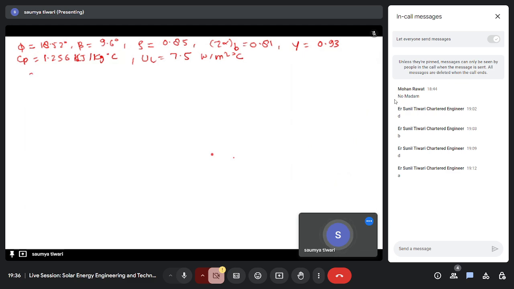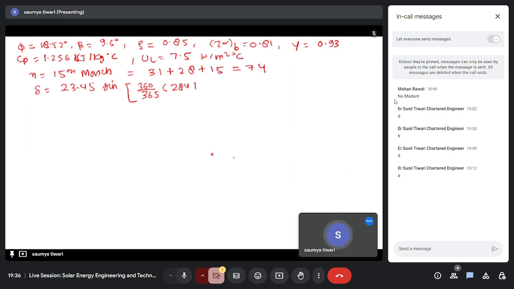The date is given as 15th of March. So n value will be 31 plus 28 plus 15, which comes to 74. For n equal to 74, you can calculate the declination angle: 23.45 sine of 360 by 365 into 284 plus n.